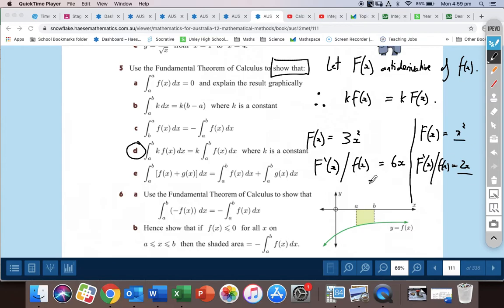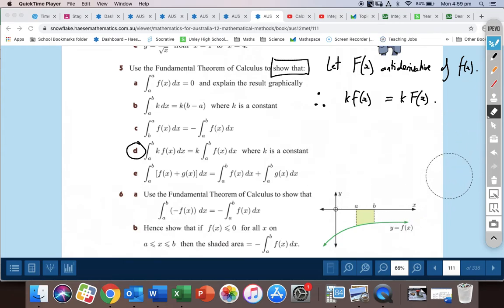It's like this 6x could have been written as 3 times the derivative of just the x squared. So we can indeed say that the antiderivative is k f of x, which I'm going to use here. So see if I can fit it on. I might need to write a bit smaller.